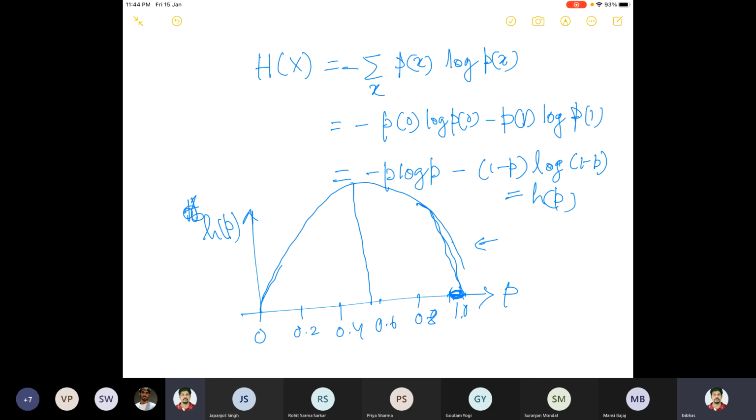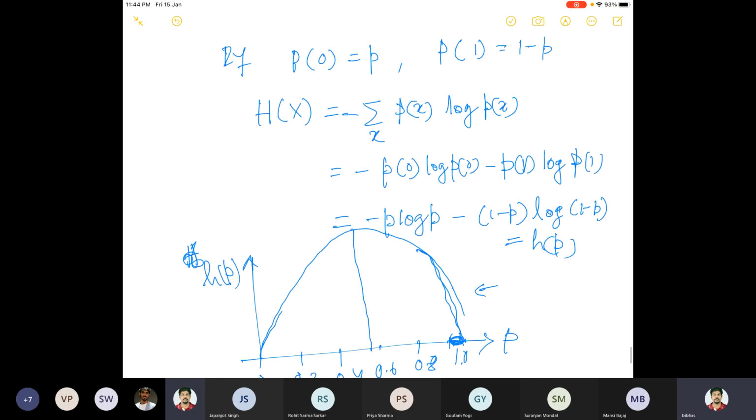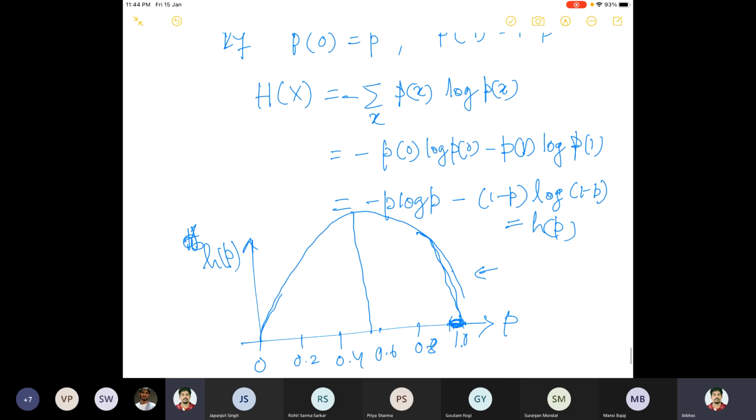Here it is very simple, because there is only one value p, but there can be multiple values. If there are many possible outcomes, then it need not be defined in terms of a single parameter p.